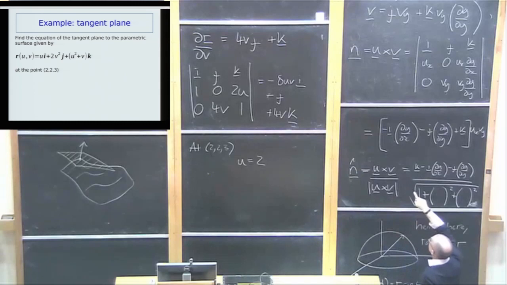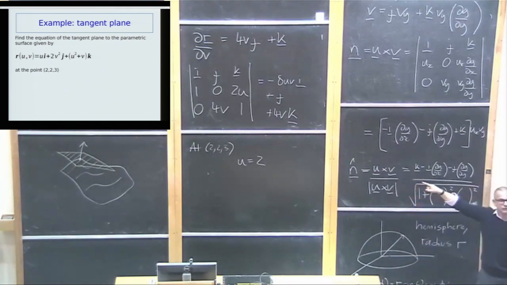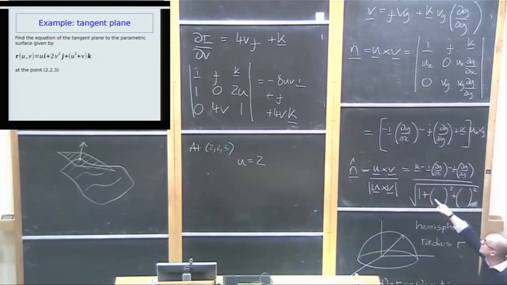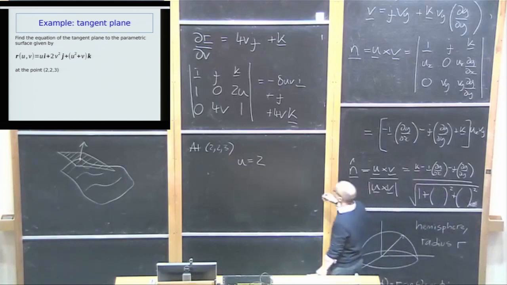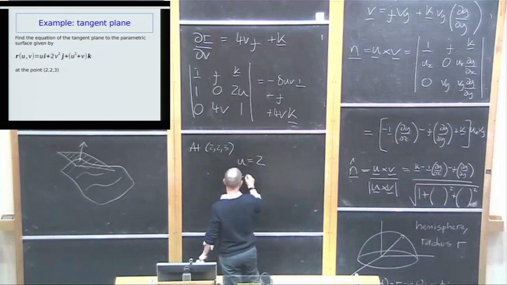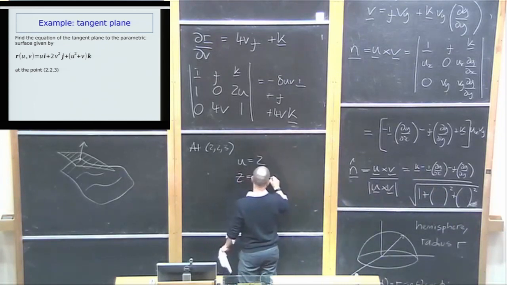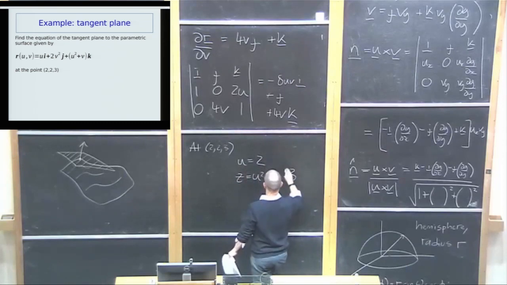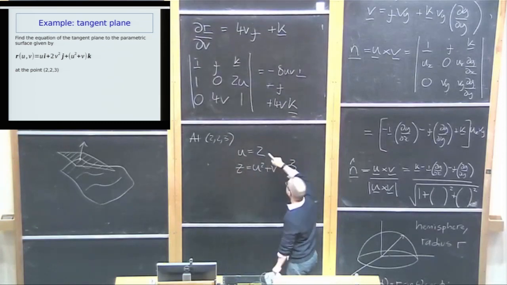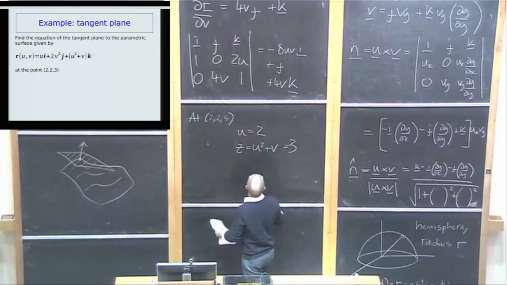Now we see that 2v² equals 2. So that means v² equals 1, but that's a little bit annoying because we cannot tell whether v equals plus or minus 1. But we see that z, which is 3, equals u² plus v. And we know that u equals 2, so u² is 4.